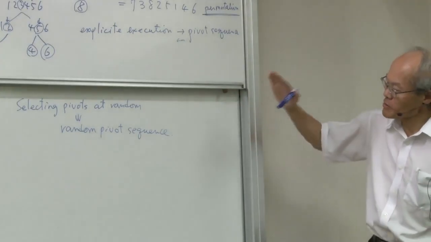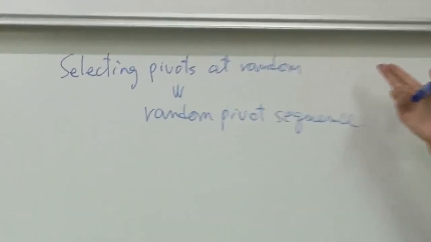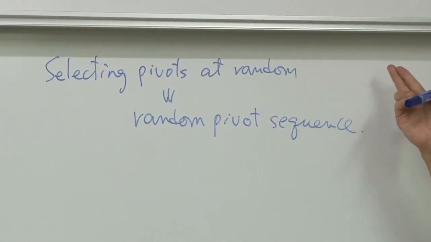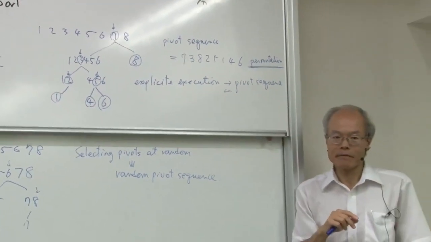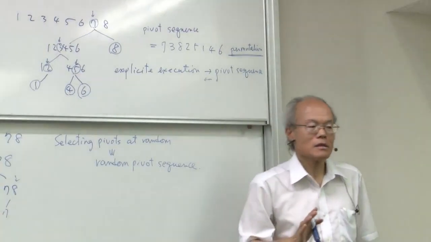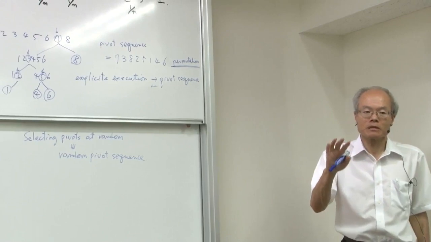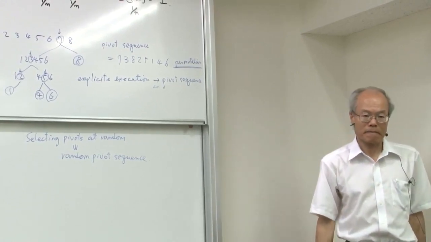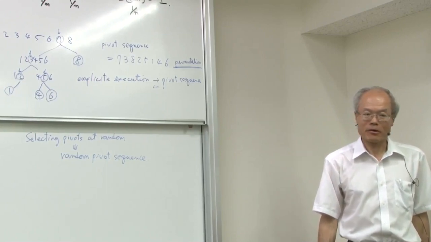But it's almost obvious that if we select pivots at random, then that corresponds to a random pivot sequence. That means random quicksort is completely described by a random pivot sequence. Okay?